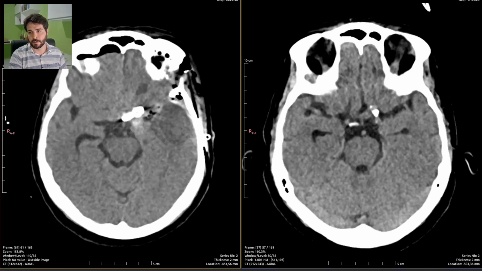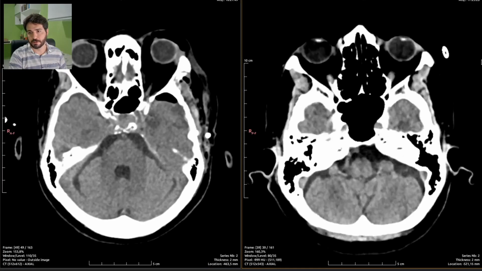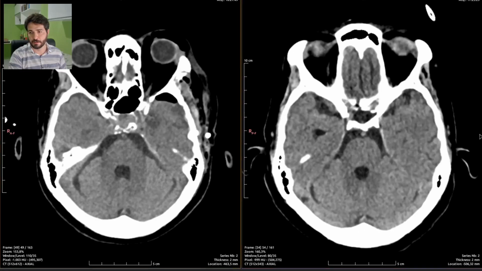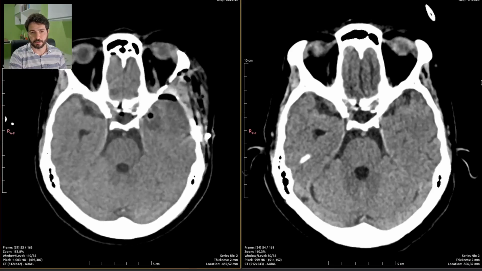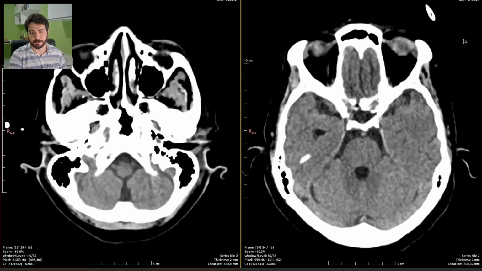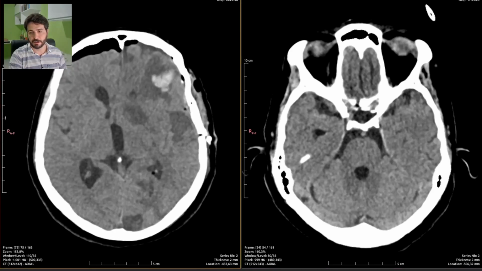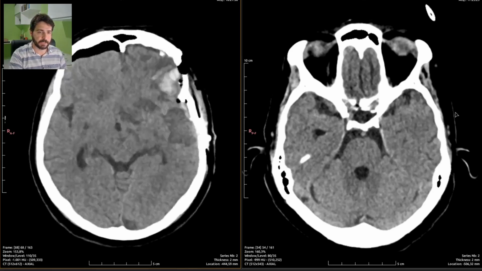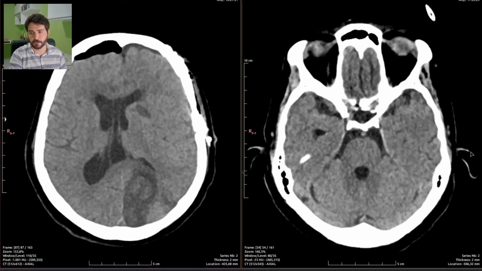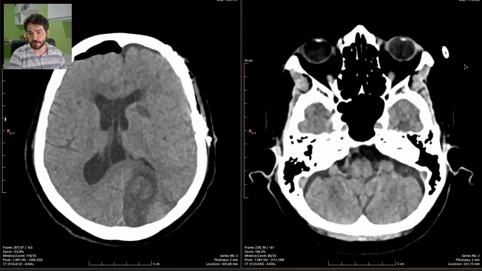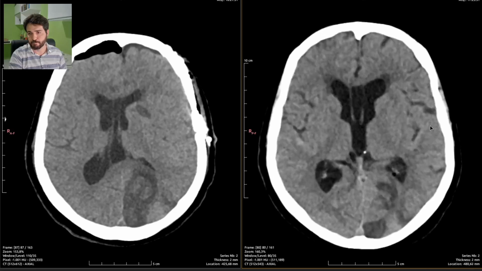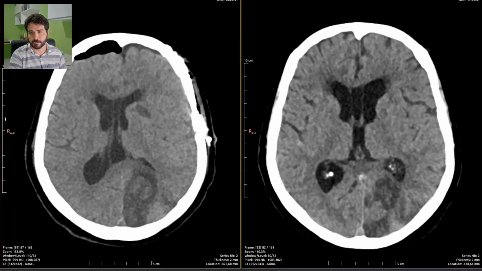Yeah, the left middle cerebral artery wasn't partially closed before surgery. So there are new ischemic changes related to the post-surgery situation. And much more brain swelling.